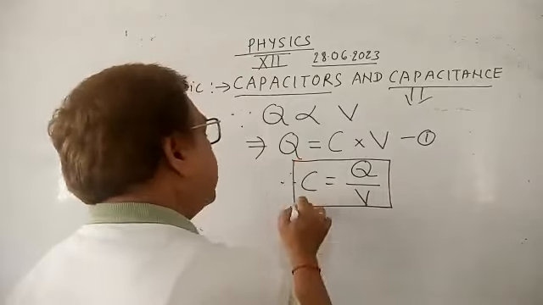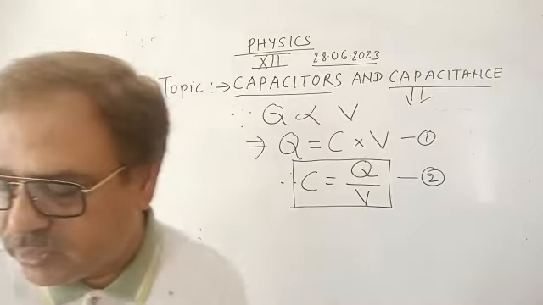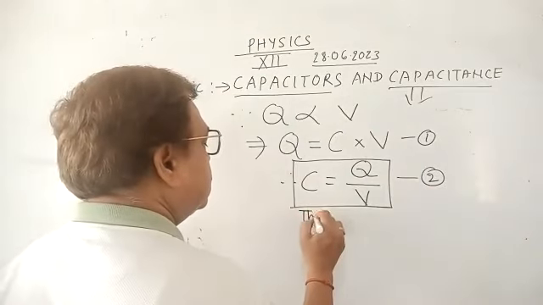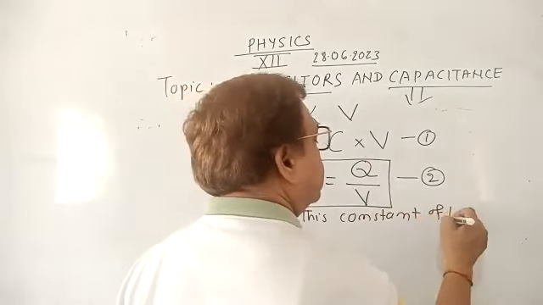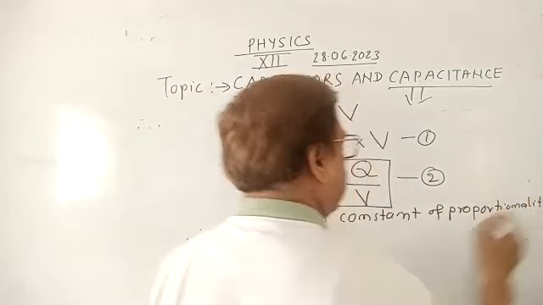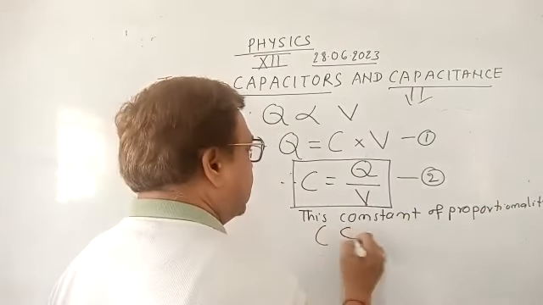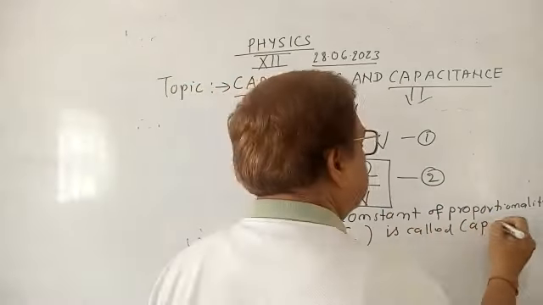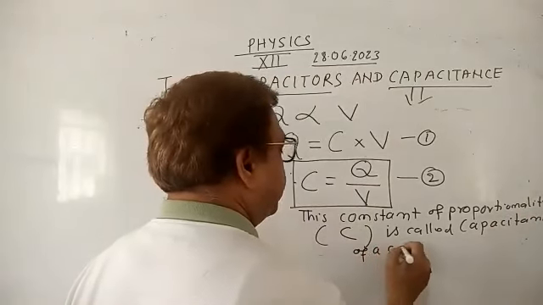So, how to write the formula of capacitance of the capacitor? It is Q divided by V. This constant of proportionality, that is capital C, is called the capacitance of the capacitor.